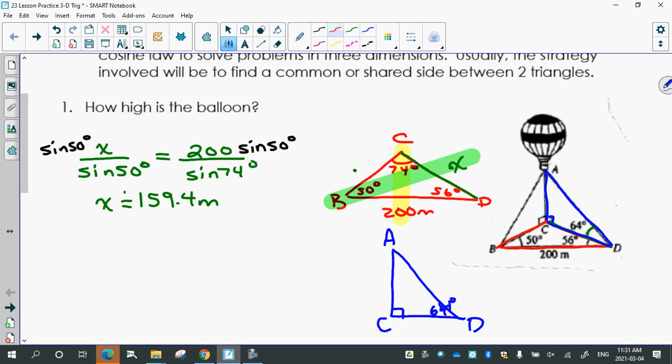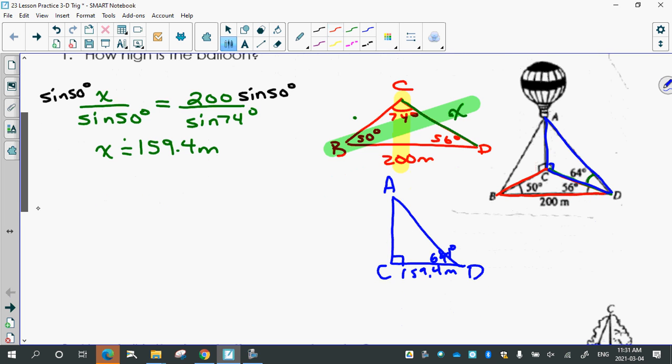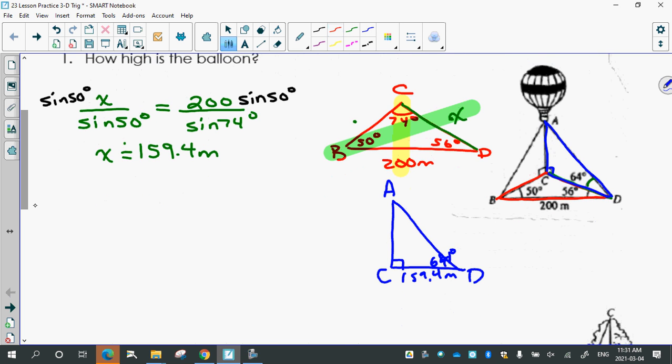And we just found out that the side C to D, so the bottom, is 159.4 meters. We want to get A to C. I can't use X, so I'll use H for height.